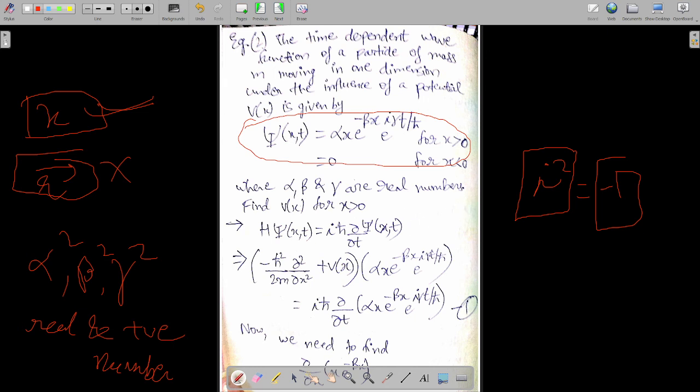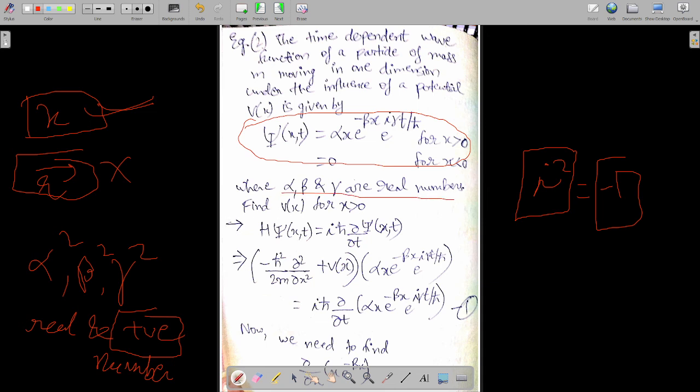All the real numbers have square positive only. So alpha beta gamma real number implies that alpha square, beta square, gamma square are all real, and they yield a positive number. That's what is meant by this statement.